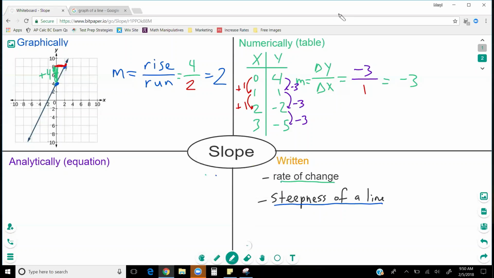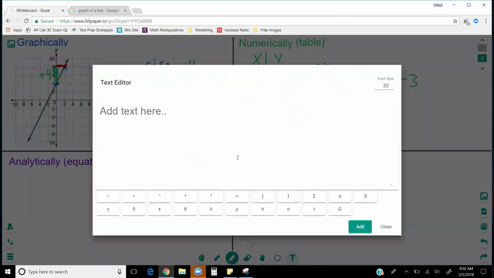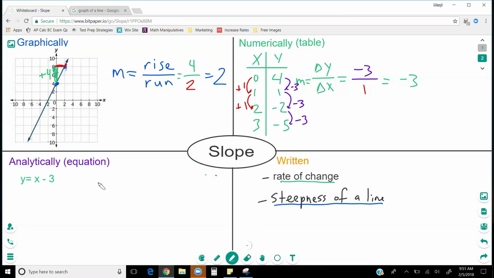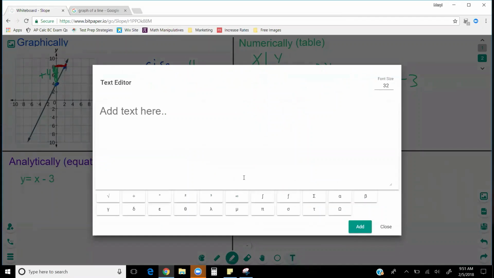You might also be given an equation of a line. So maybe something like y equals x minus 3. Put that over here. And in order to find the slope, if you're given an equation, you really have to know slope-intercept form. And slope-intercept form is y equals mx plus b.